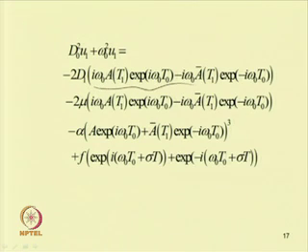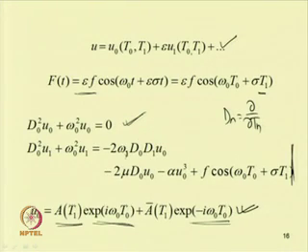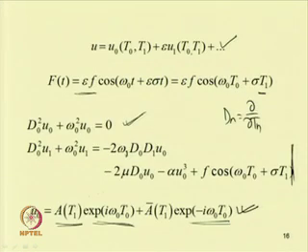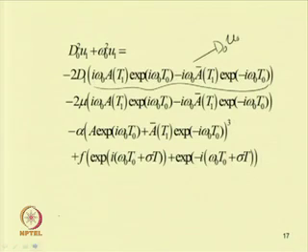So, this term is nothing but our d 0 u 0. So, this term becomes minus 2 omega 0 d 0 d 1 u 0. So, for d 1 u 0 we can substitute this term, and then for the third term, that is minus 2 mu d 0 u 0, we can write this expression.